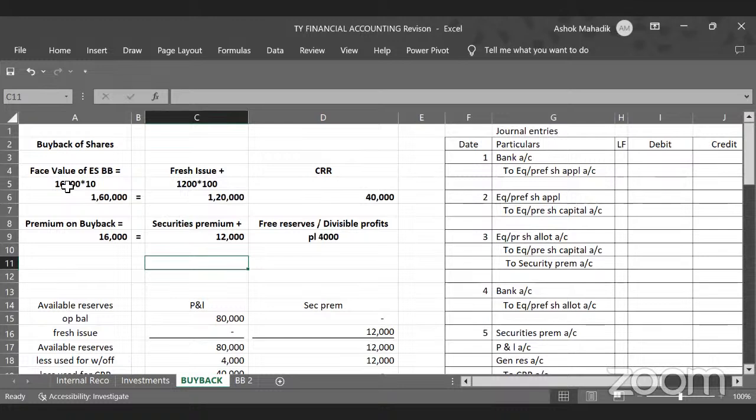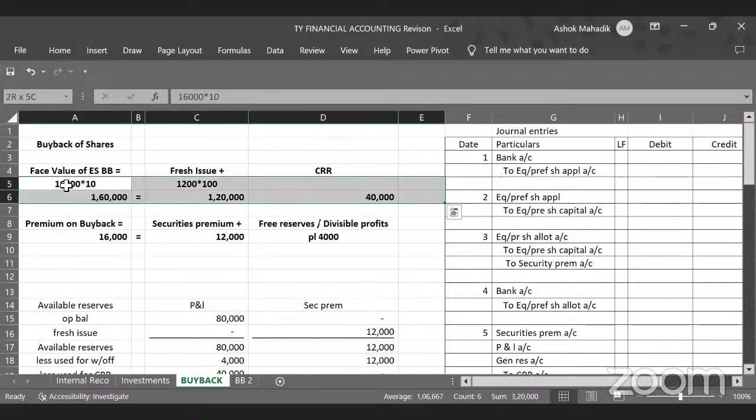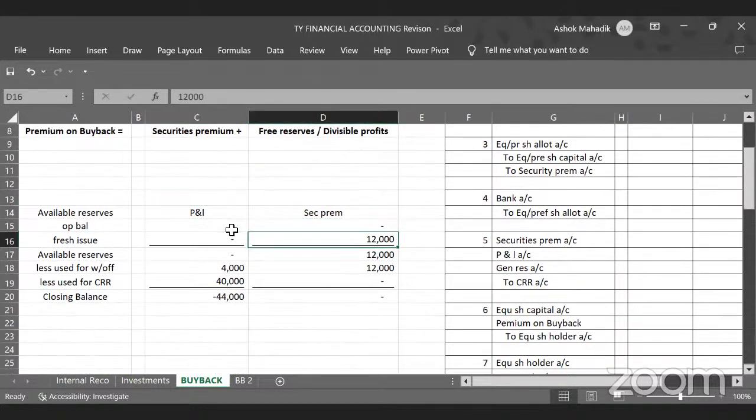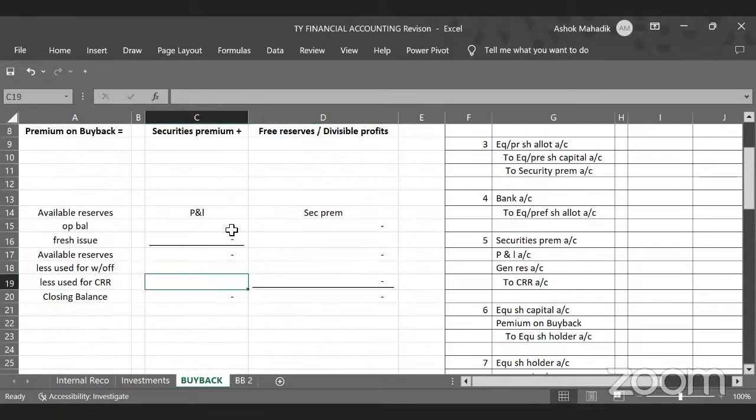Now I have made some equations here. You can see these are some conditions which a company needs to fulfill using this format.